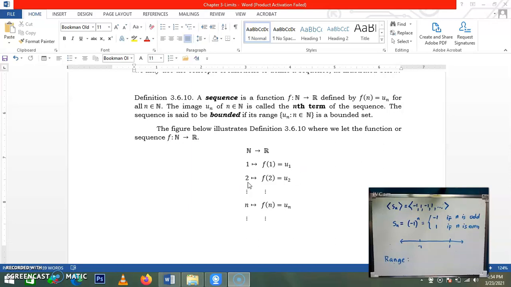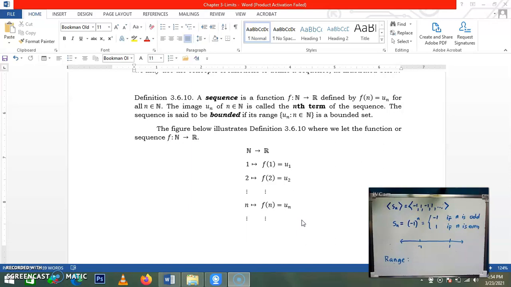Then we have here a natural number 2, and the image of that is f of 2, which is equal to the second term of the sequence, which is u sub 2, and so on.